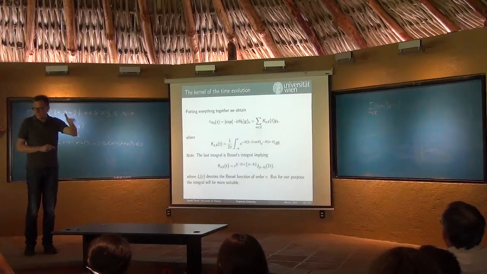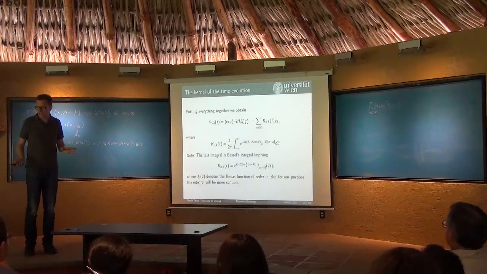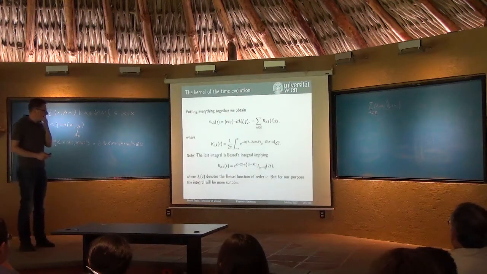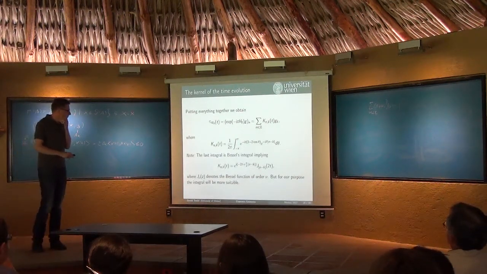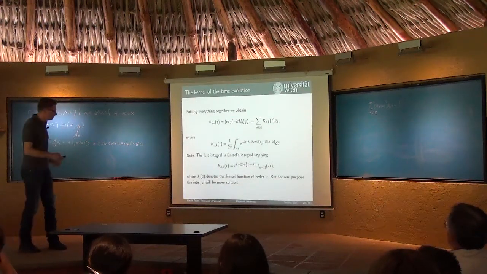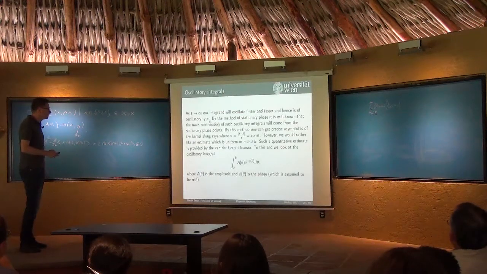As soon as I would add a potential, this is no longer going to work because I don't have an explicit solution. So for me, it's going to be important to understand how the decay comes from the integral. Okay? So let's try to do this.